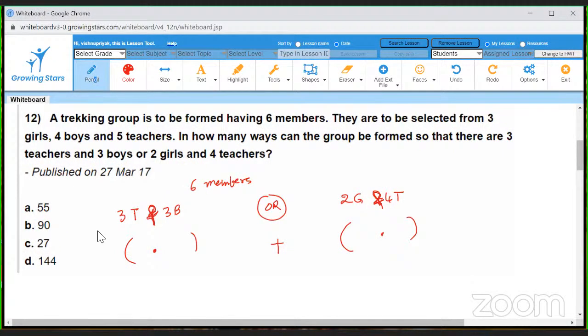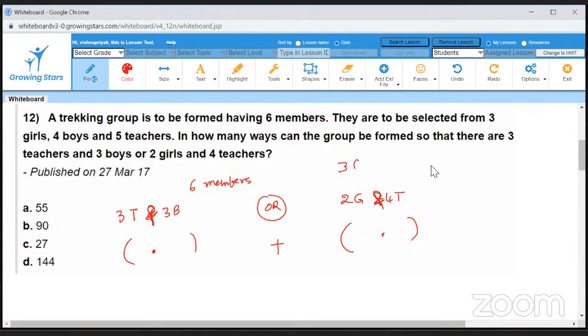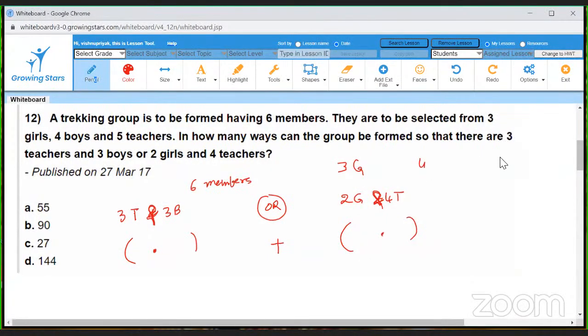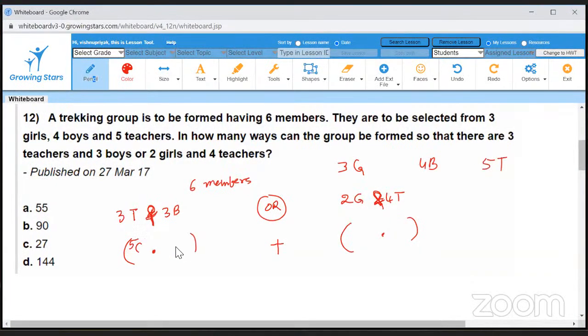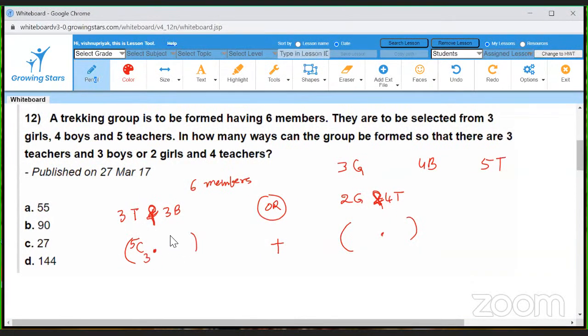Now, first case. How many teachers are there? That you have to see. There are 3 girls, 4 boys, and 5 teachers. So from 5 teachers, you have to select 3 teachers. And from 4 boys, you have to select 3 boys. Then the next.